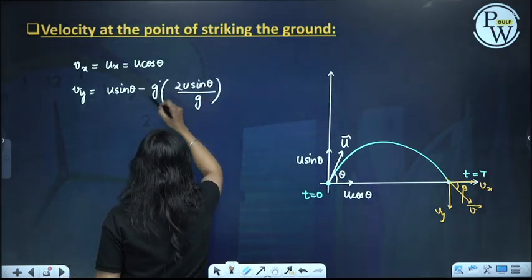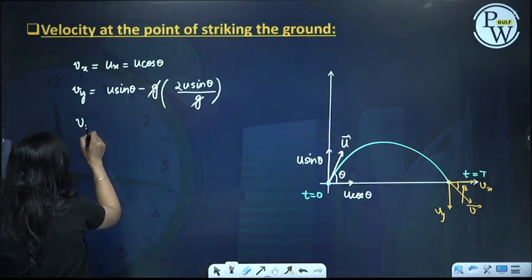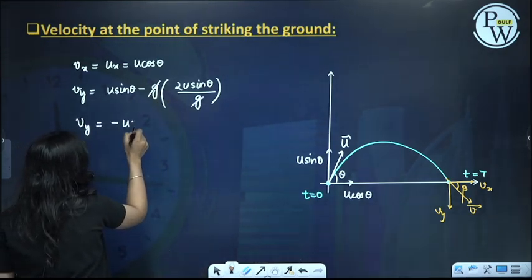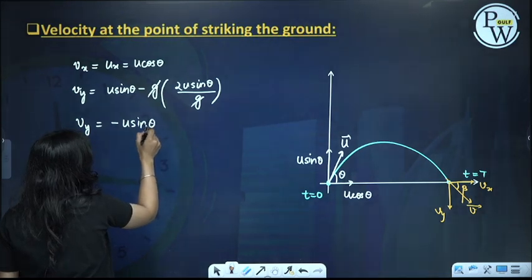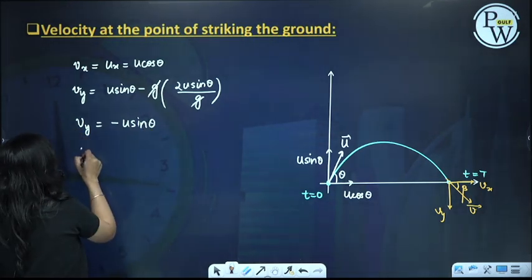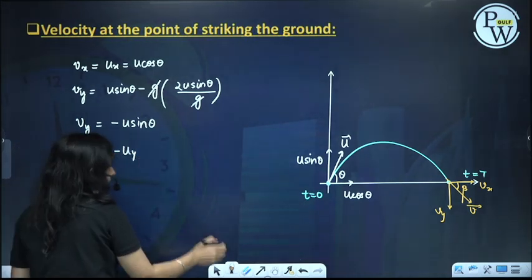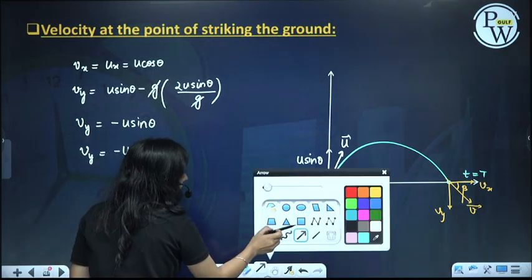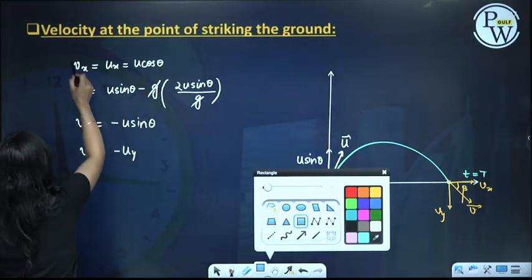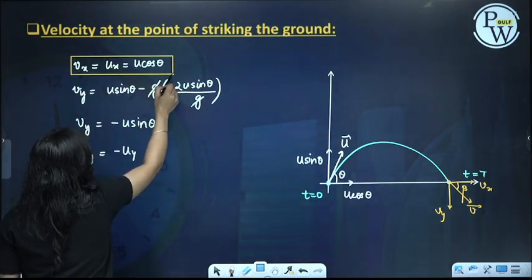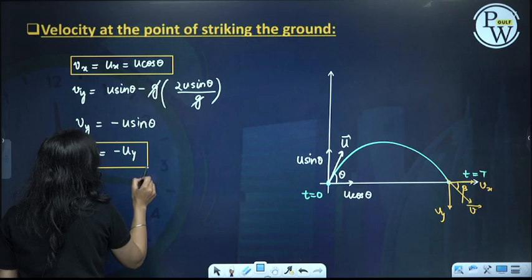So we will get Vy equal to minus u sine theta at the final point. At the final point, Vy is equal to minus uy.